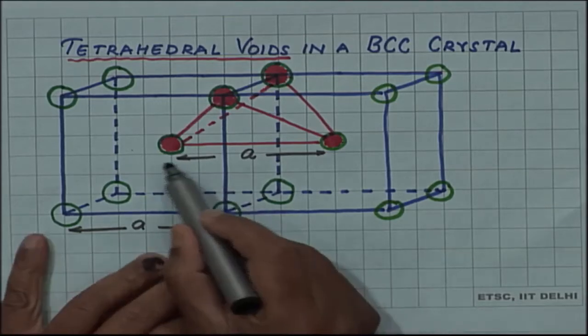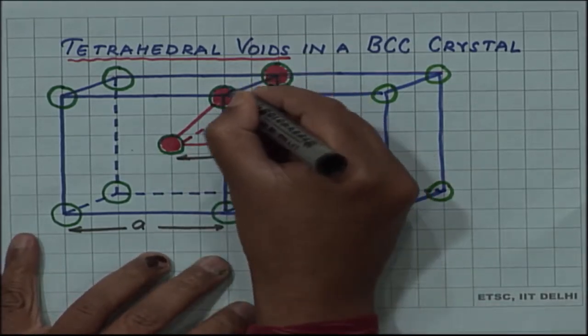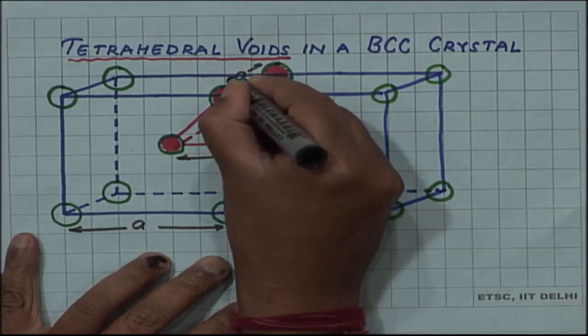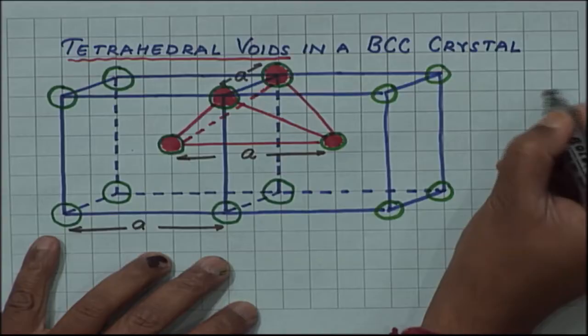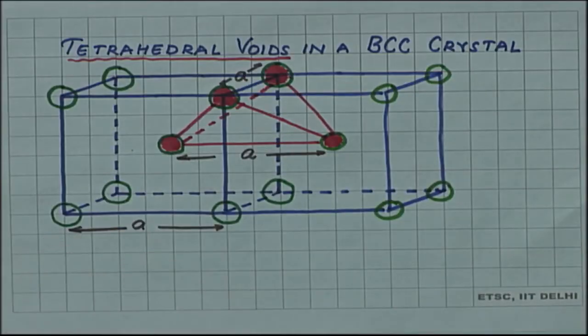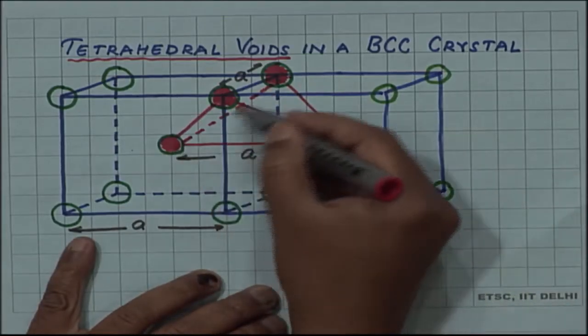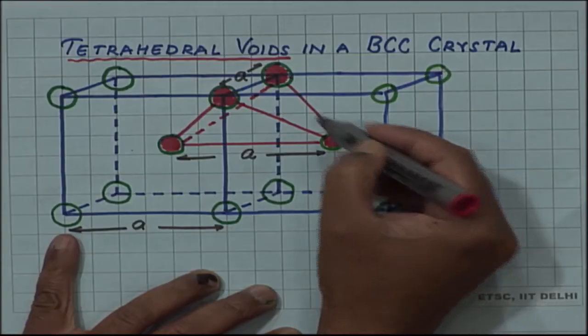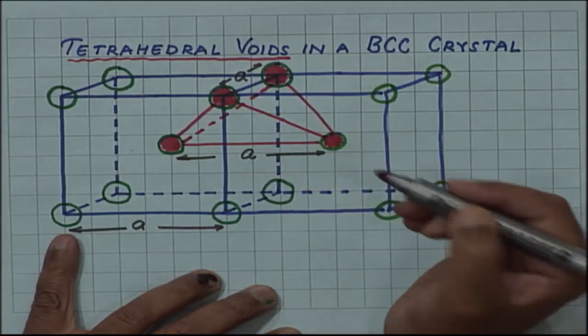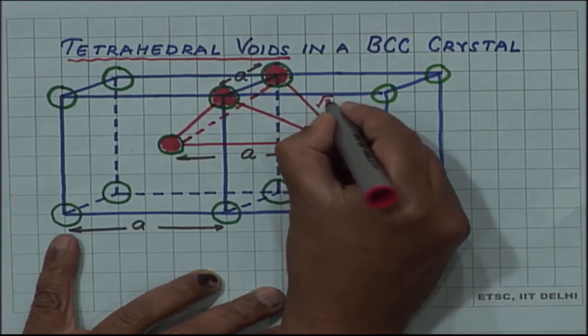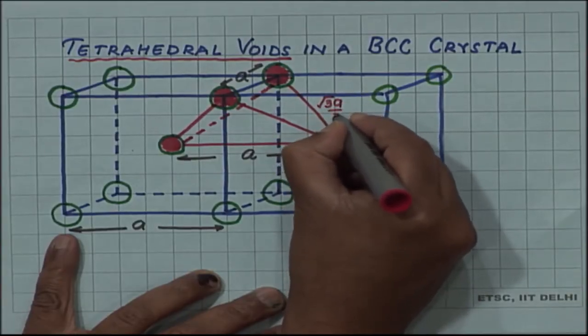So, this side of the tetrahedron is A, and of course the top edge is just A. But the other 4 edges are of a different length, because these 4 are from the body center to corner. So, they are half the body diagonal. So, these edges are root 3 A by 2.